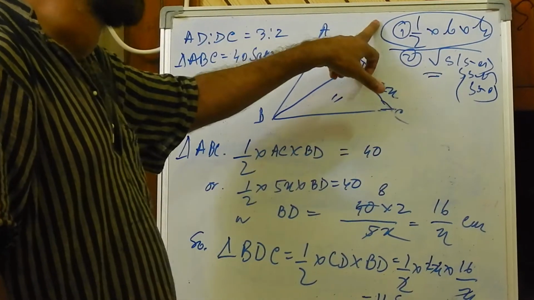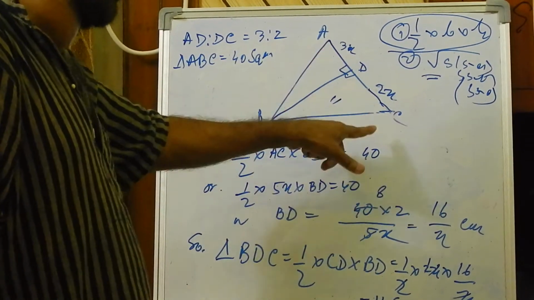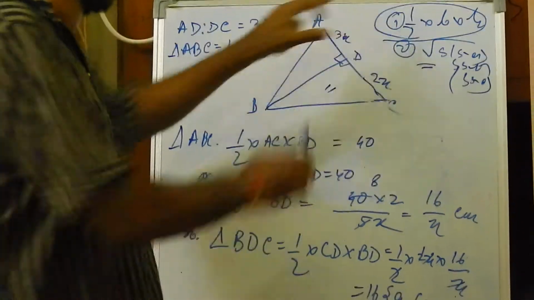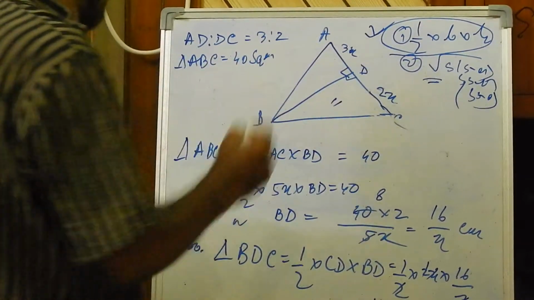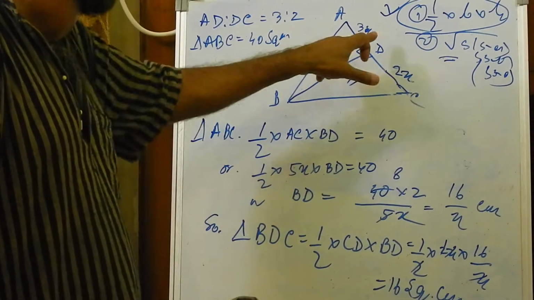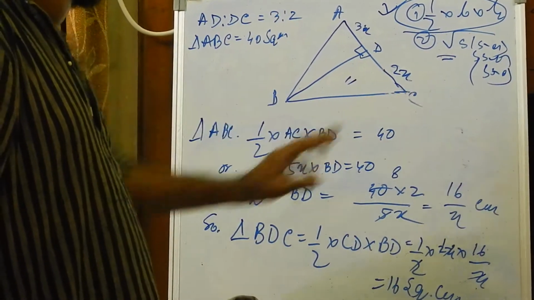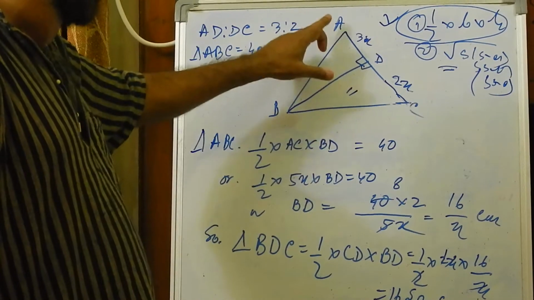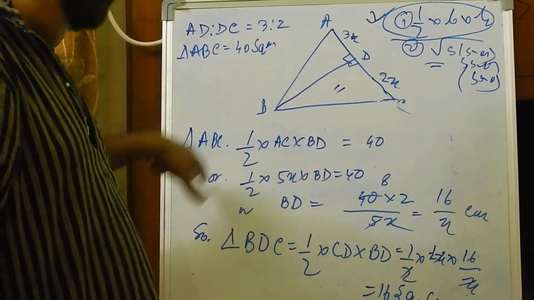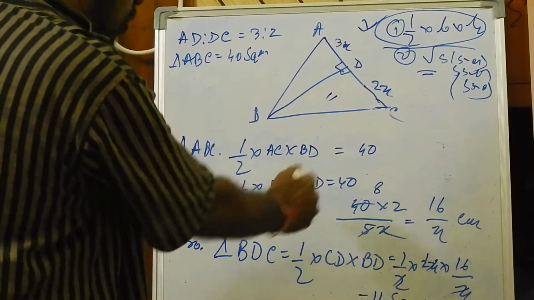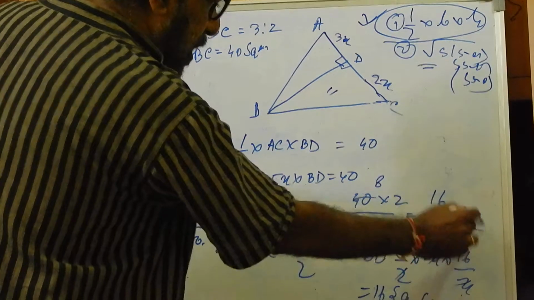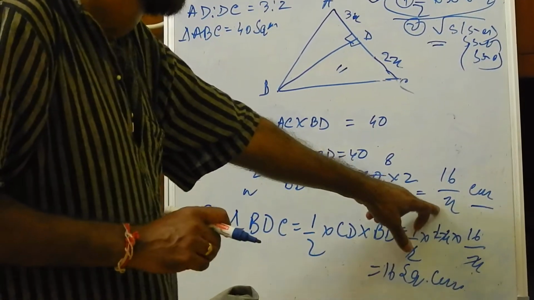So we apply this formula because the base is AC and the height is BD. This is convenient for this sum. So half into AC base into height BD equal to, it is given 40. So half into AC's value 3x plus 2x, 5x, into BD, which is unknown to us. From this equation we deduce the value of BD equal to 16 by x centimeter.